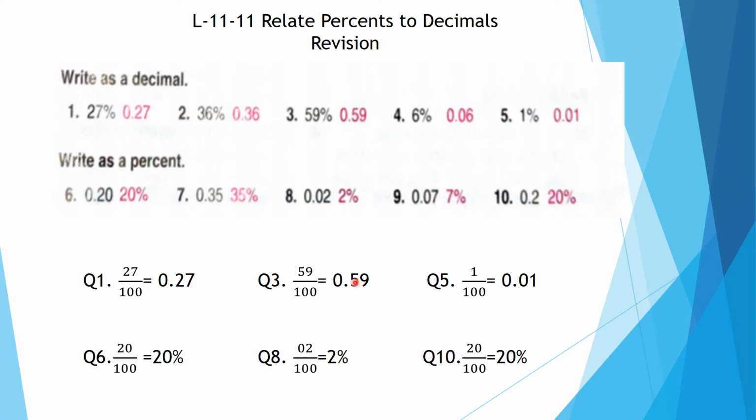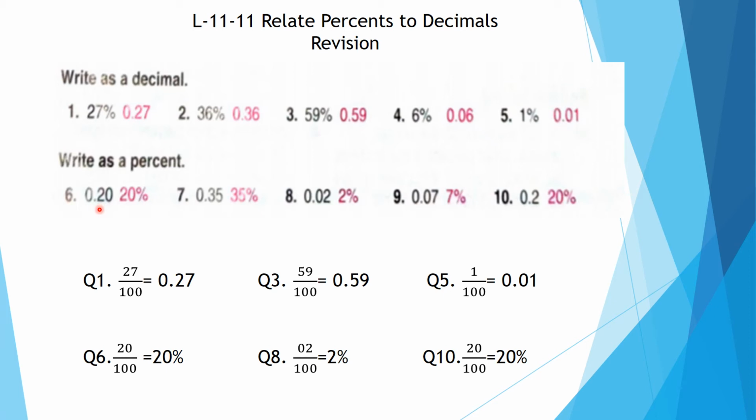In this one 2 digits are there, the decimal shifts 1 and 2, so 0.59, and here 1 is there, then 1 and 1 more 0, and then decimal. You can see here, in decimal, always remember, what is the answer? 0.01.